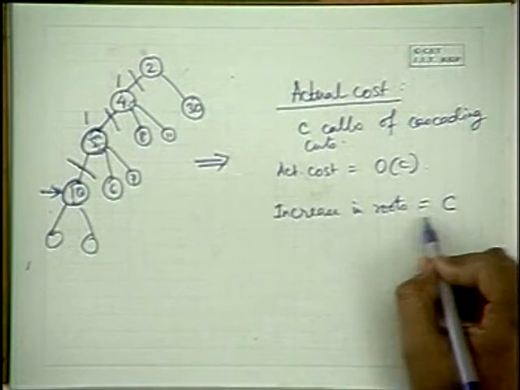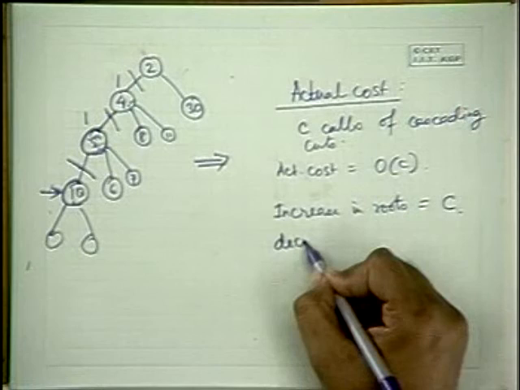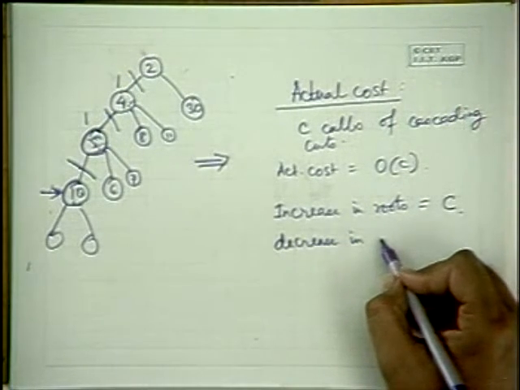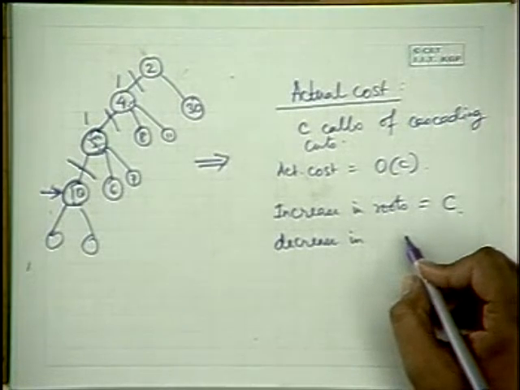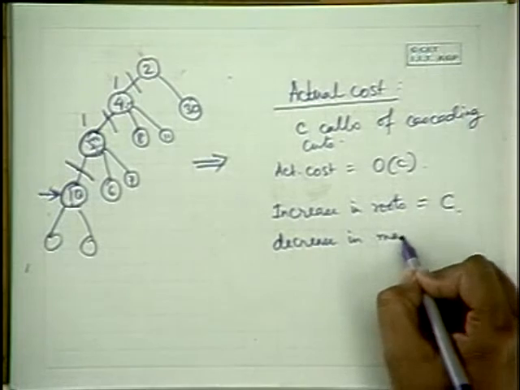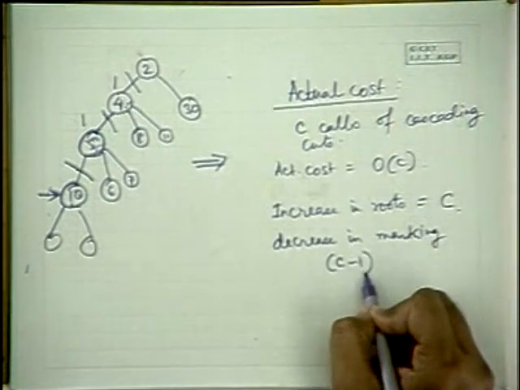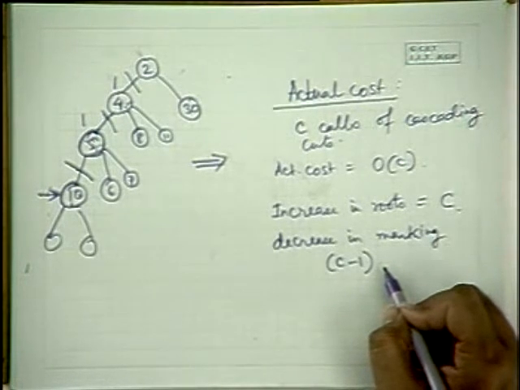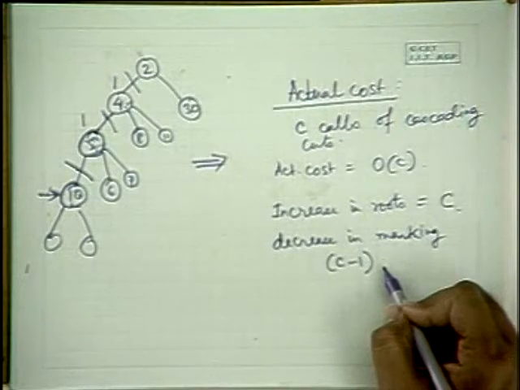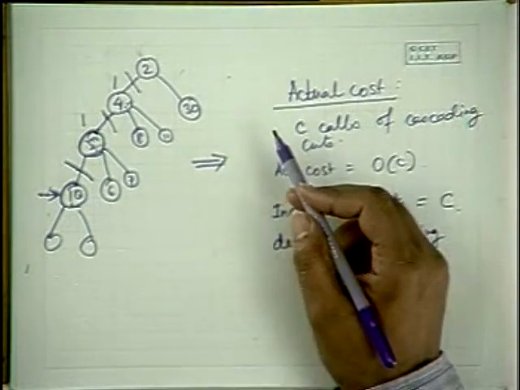So the increase in the number of roots is C, and the decrease in marking: now we are trying to see how many nodes are unmarked. That is C minus 1. C minus 1 nodes are unmarked. Probably in the worst case, the last node you might have marked, like here.